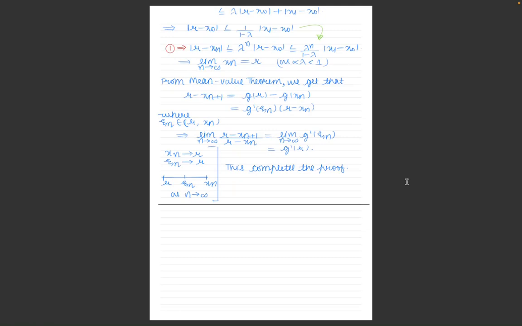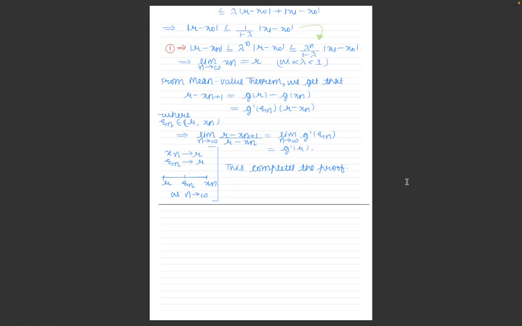So again from mean value theorem, we get that r minus x(n+1) is obviously, like r is g(r) and x(n+1) the way I have defined this.